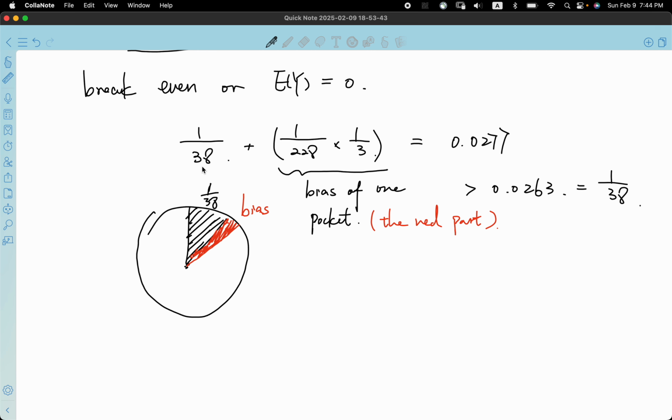Let's see, what else. I think this should be able to cover it, and if it still doesn't make sense, then you can think of it as a wheel with 4 pockets, 1, 2, 3, 4.